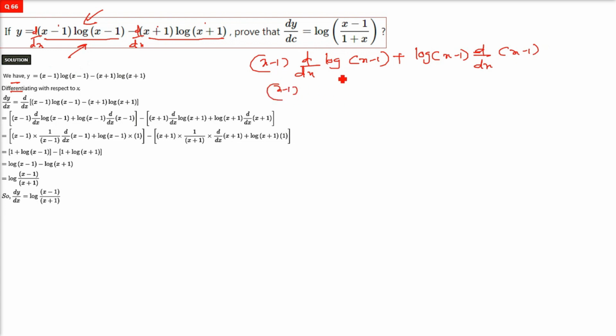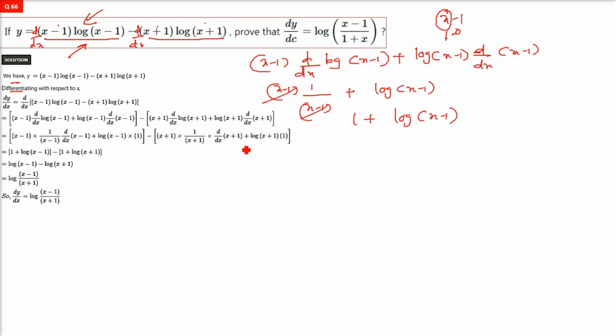So x minus 1, and the differentiation of log of anything is 1 by that thing, so it will be 1 by (x minus 1). And x minus 1 differentiation is what? X differentiation is 1, 1 differentiation is 0, so it will be 1 only. Now log (x minus 1) d by dx of (x minus 1) is 1 only. So x minus 1 gets cancelled, and it will be 1 plus log (x minus 1).